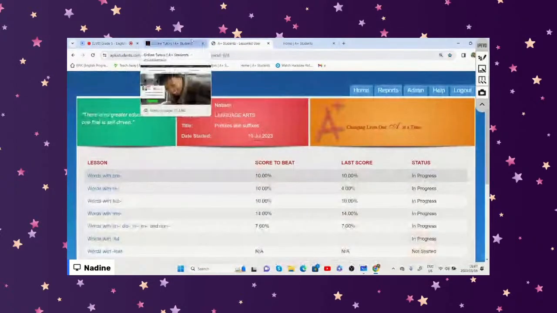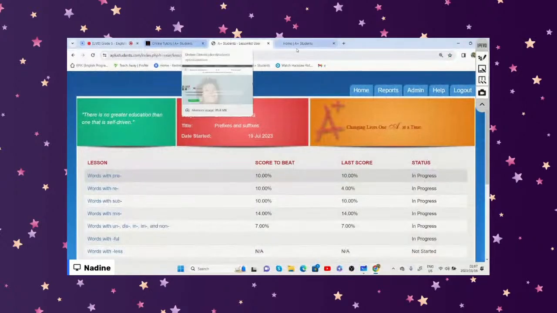Right? And remember, we said that we are continuing from our previous lesson, in which we did words with pre and re. And then today, we are going to be focusing on other prefixes as well as a suffix.